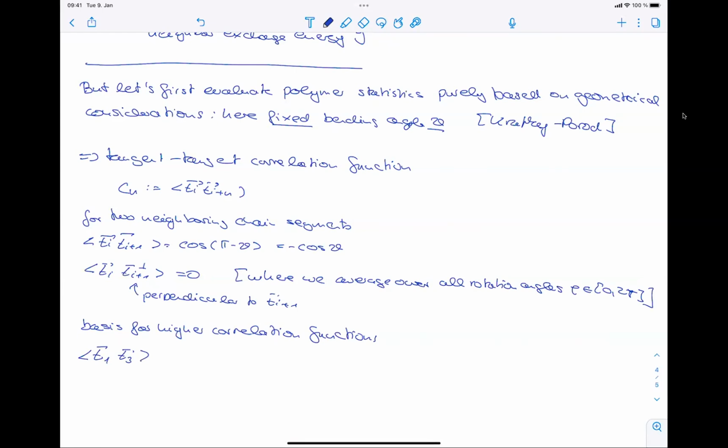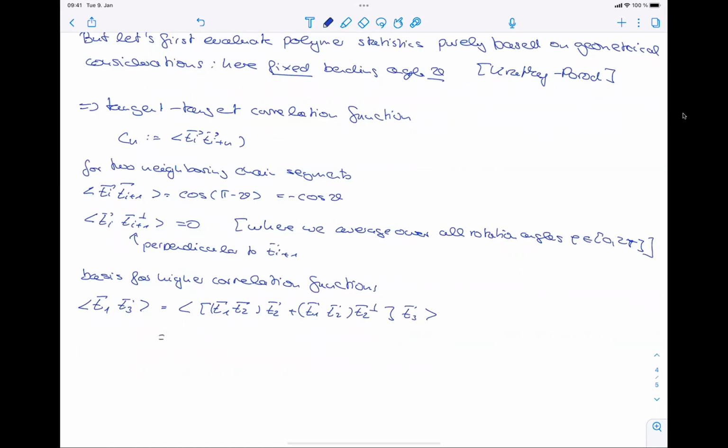So the next nearest neighbor correlation function, then I can write this actually as taking the correlation of T1, T2 times T2, because the scalar product of T2 with itself is 1, plus T1, T2, because that correlation is, I'm adding a 0, times T3.